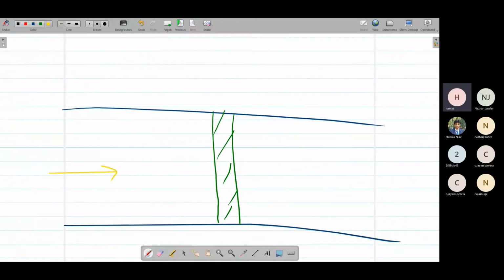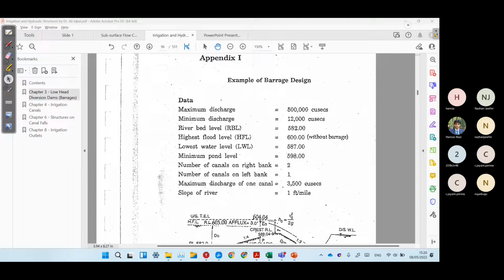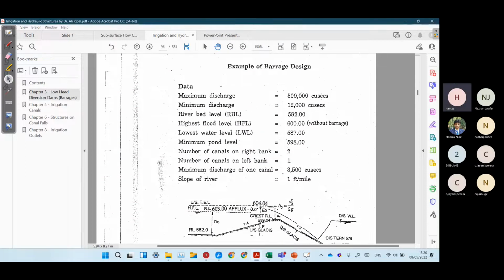So if this is the direction of water flow, we have two canals on the right side and a single canal on the left side. And the slope of the river is 1 foot per mile, and the maximum discharge of the canal is 3500 cusecs. So this is all our given data.